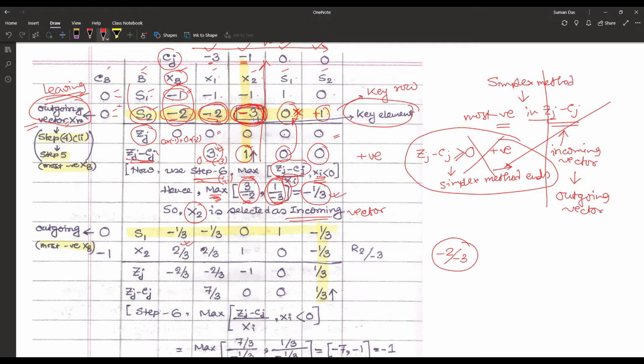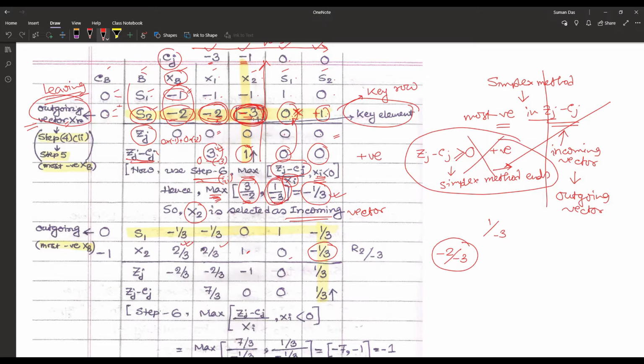Second one, minus 2 by minus 3, 2 by 3, minus 3 by minus 3, 1, 0 by minus 3, 0, 1 divided by minus 3, so the result is minus 1 by 3.